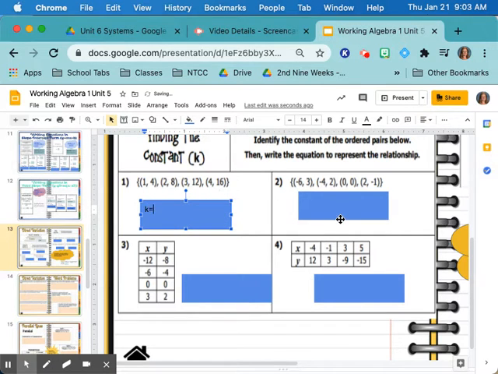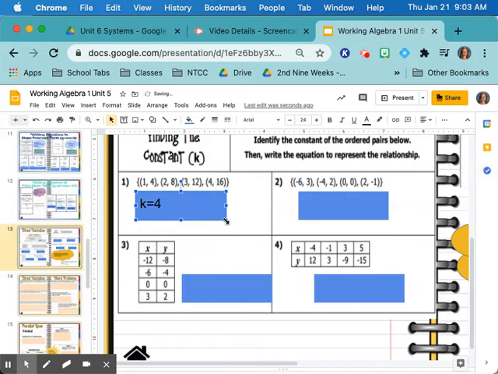So our k equals 4. So then to write our equation, we would write y equals kx. So y equals 4x.